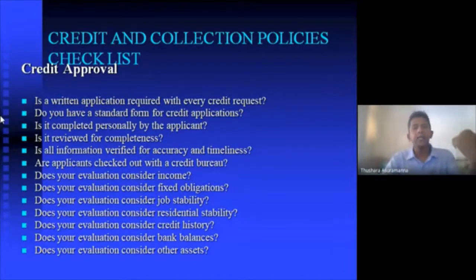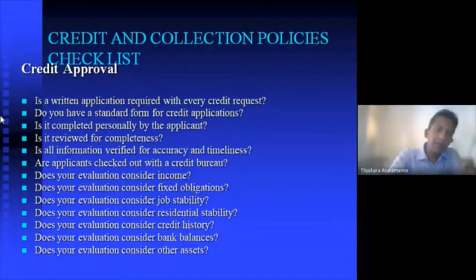For example, a written application is required for every credit request, a standard form completed personally by the applicant and reviewed for completeness. So that is something you can check. Say you are a credit officer or credit manager, then when a credit paper comes to you, you can go through these items, whether the particular credit paper has been addressed adequately along these lines.